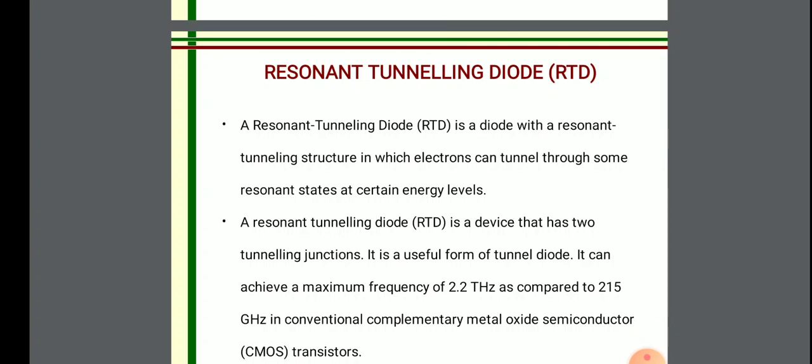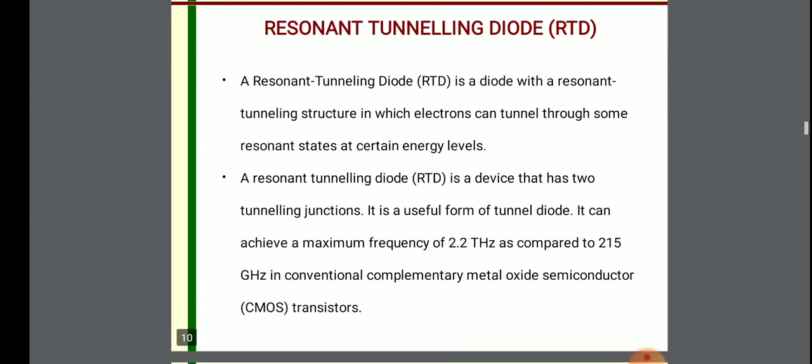It has achieved a higher maximum frequency than the conventional complementary metal oxide semiconductor, that is, CMOS transistor. The frequency of an RTD is 2.2 terahertz. The CMOS transistor frequency is 215 gigahertz.